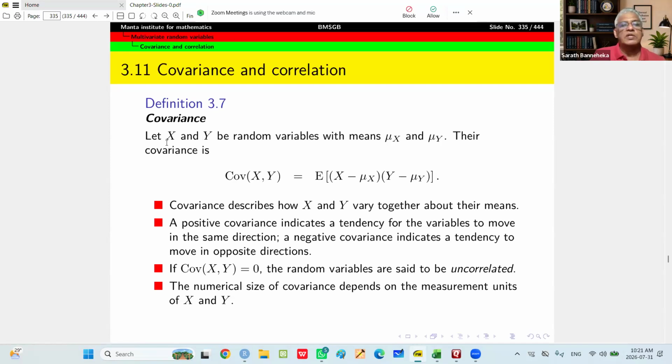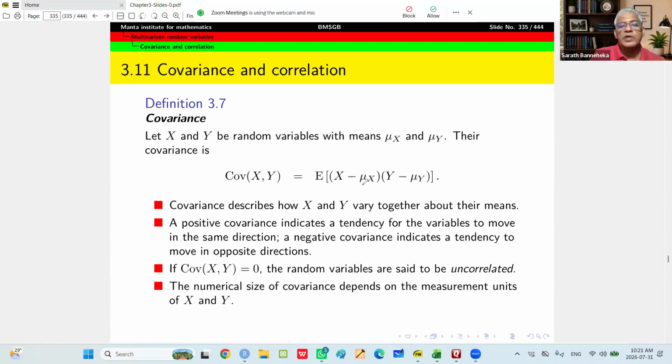So the covariance between x and y, we denote as cov within bracket capital X comma capital Y, is defined as the expected value of x minus mu x times y minus mu y. So it's just the product of two centered random variables. We consider first that and then take the expected value, right? So covariance between x and y is the expected value of the product of the two centered random variables.